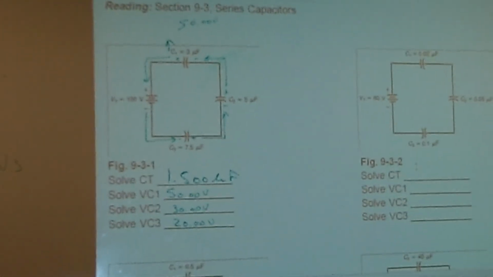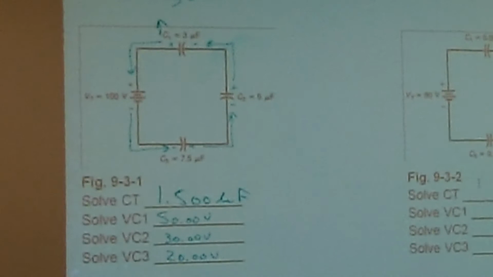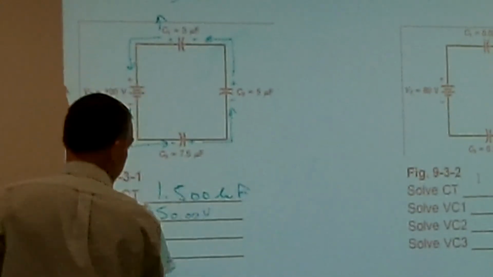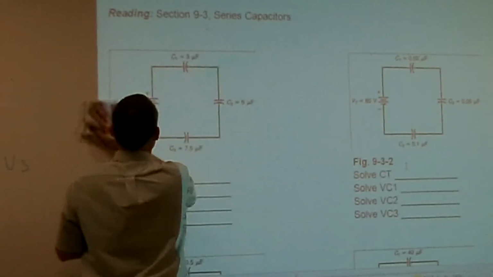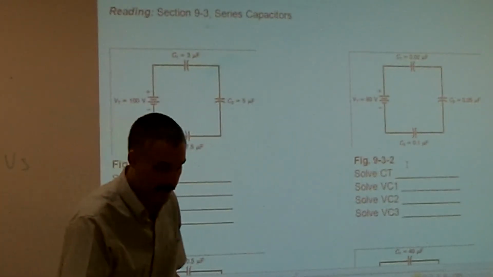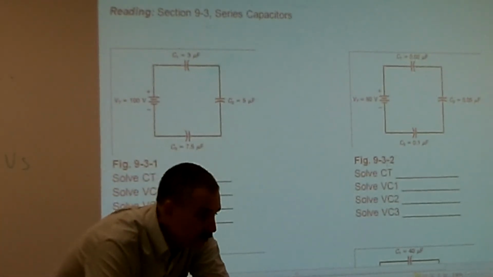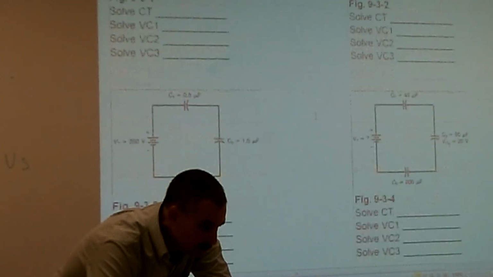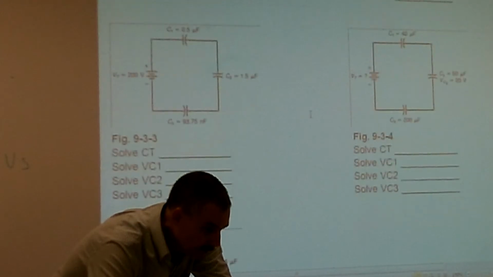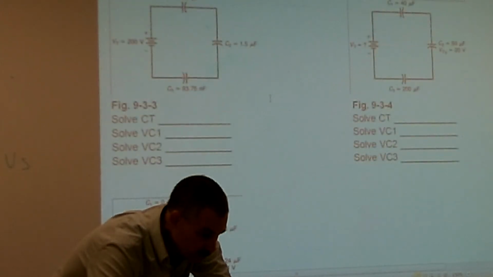All right, so then let's take a look at capacitors in parallel. That fourth one, and the voltage total you can see. The fourth one, 934.